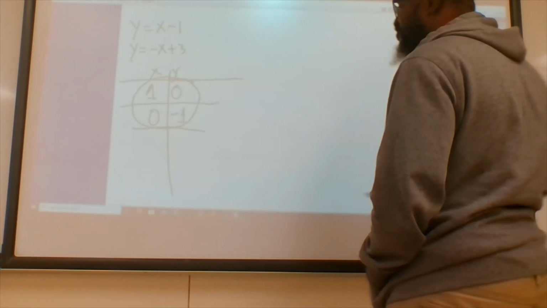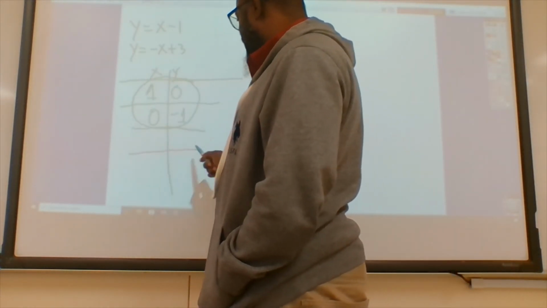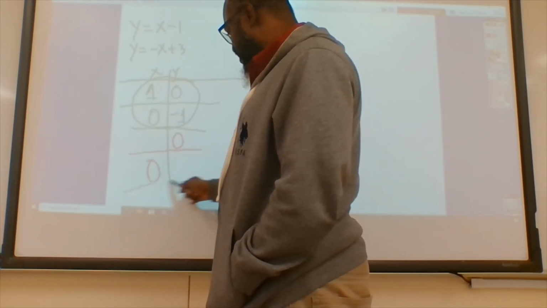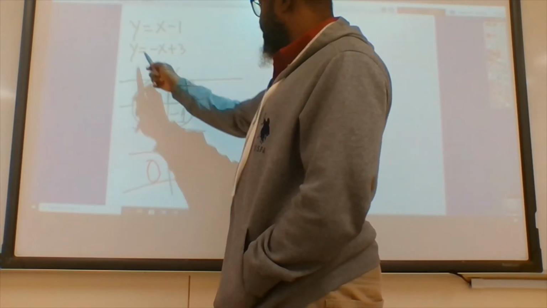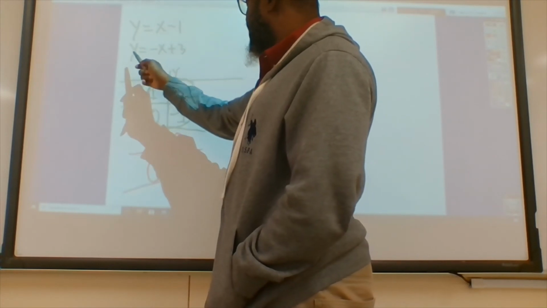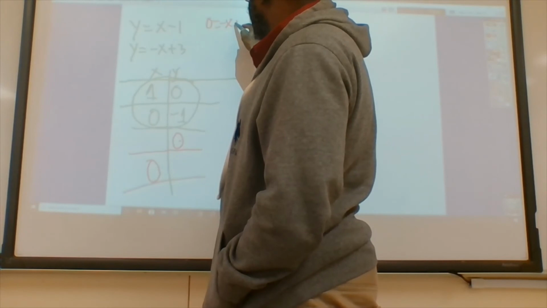For the second one, I'm gonna let y be 0 and x be 0 and find the intercepts. So when I let y equal 0 here, I will have to move 3 to the other side. So I will have 0 equal negative x plus 3.